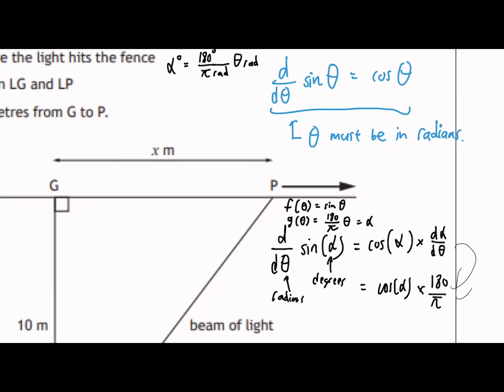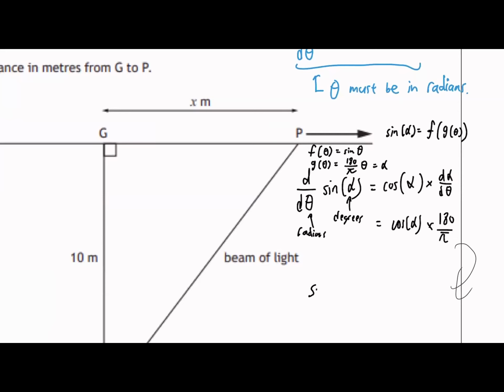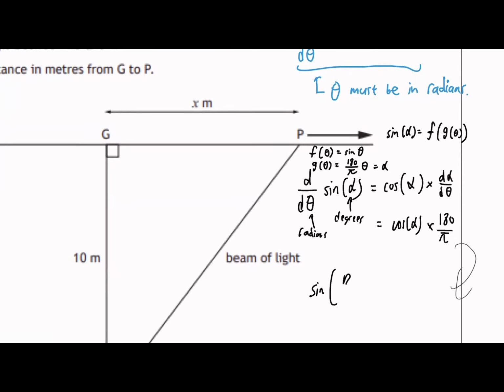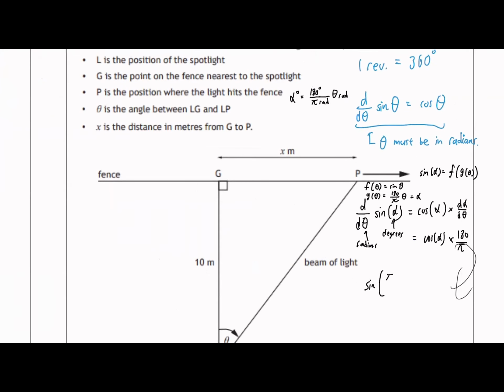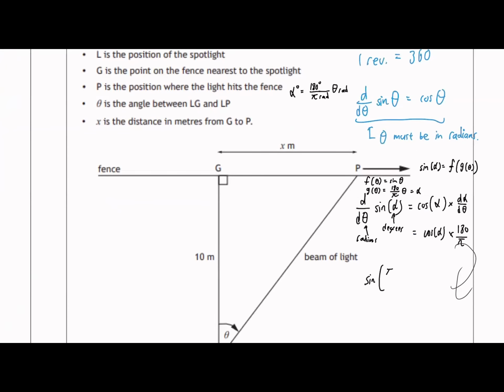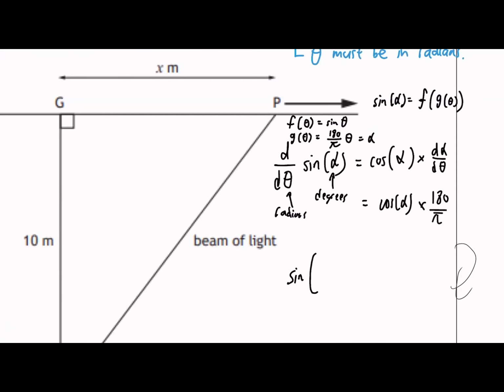So sine of alpha is actually f of g of theta. Let me check the conversion rate. Did I do it correctly? Yeah, 180 over pi theta.